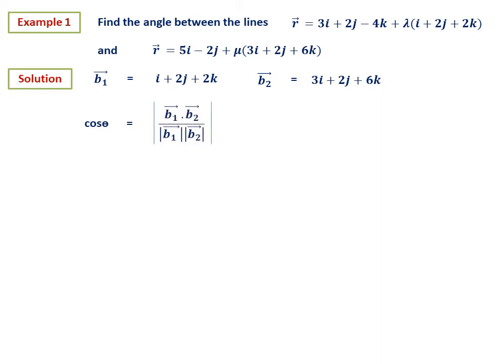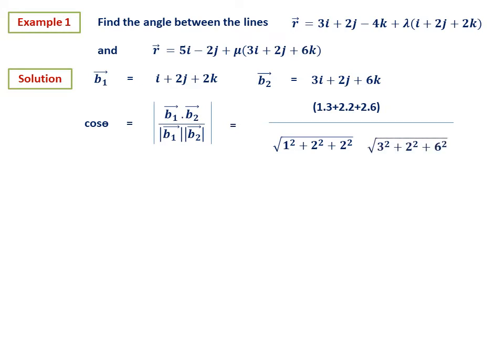Therefore, use the formula cos theta equal to mod of B1 dot B2 divided by B1 magnitude times B2 magnitude. Apply the formula. B1 is i plus 2j plus 2k. B2 is 3i plus 2j plus 6k. Therefore, the dot product is 1 into 3 for the i component, 2 into 2 for the j component, 2 into 6 for the k component, divided by the magnitude of B1, which is the square root of 1 square plus 2 square plus 2 square, and similarly for the second, the square root of 3 square plus 2 square plus 6 square.